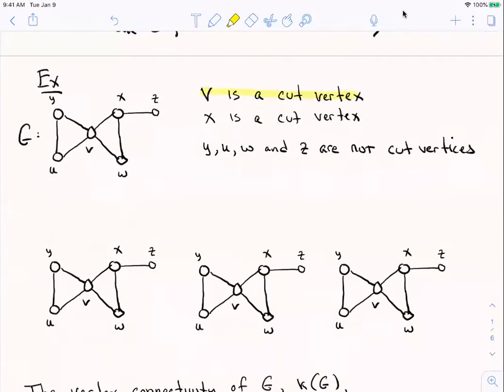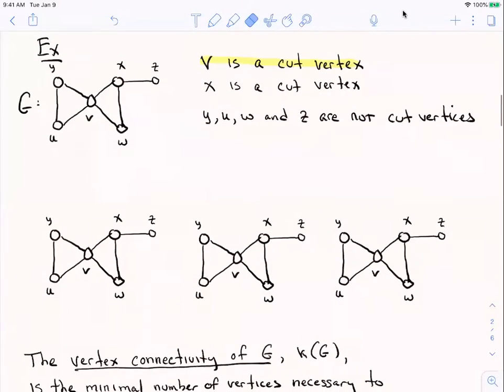So maybe you've already convinced yourself of that, but let me just do it in a little animation. The recipe is, okay, remove V. There goes its label. And when you remove V, you can't leave those 4 edges there without a vertex on that end, so they have to go. And sure enough, you can see that the graph G minus V, its number of connected components went up. It now has 2. There's 2 connected components, so V is a cut vertex.